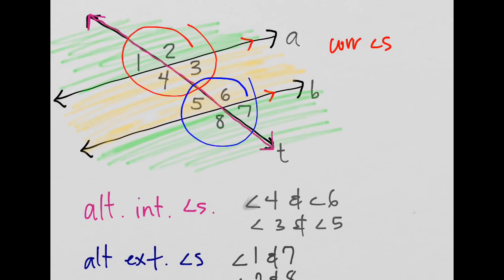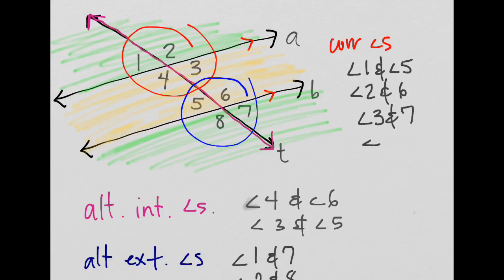If you said angle 1 and angle 5, you'd be right. Angle 2 and angle 6 are corresponding angles. Angle 3 and angle 7 are corresponding angles, and angle 4 and angle 8 are corresponding angles. There we go.